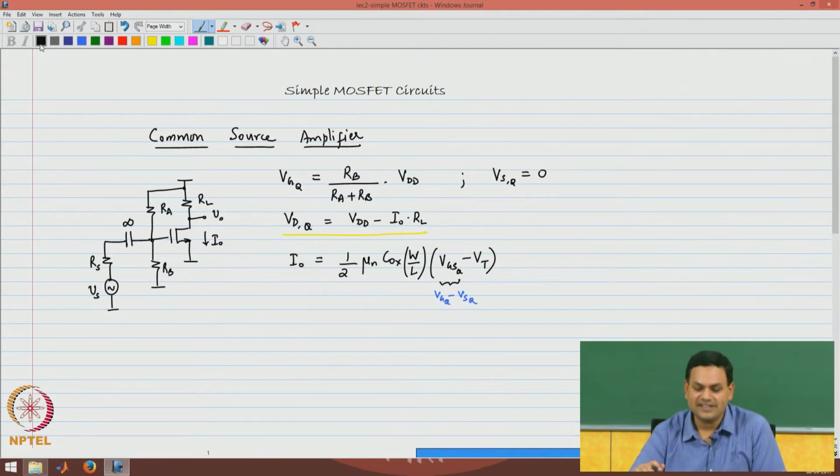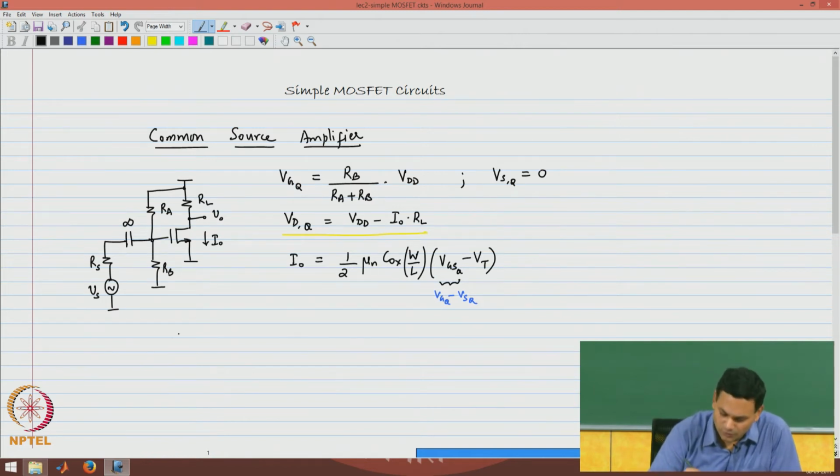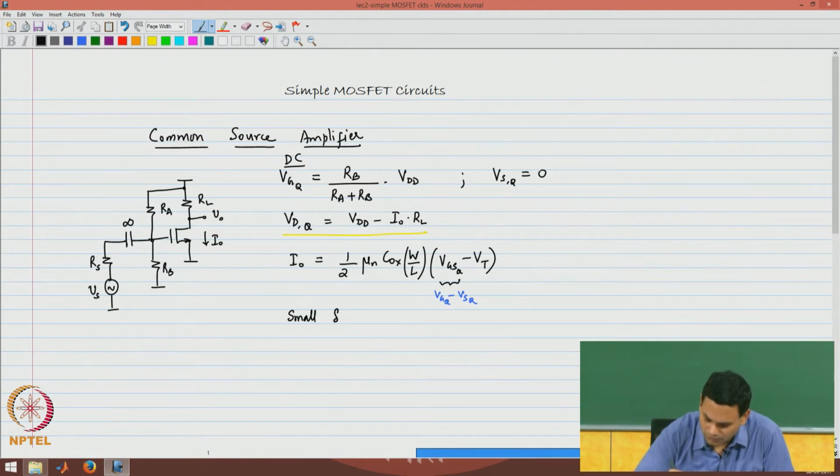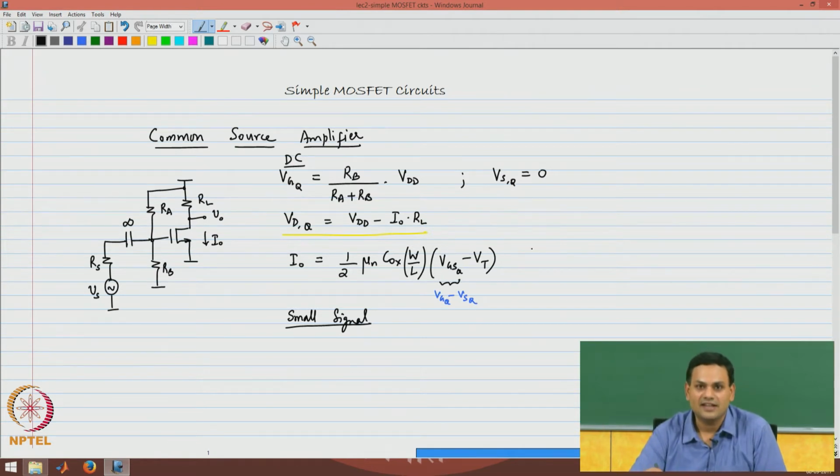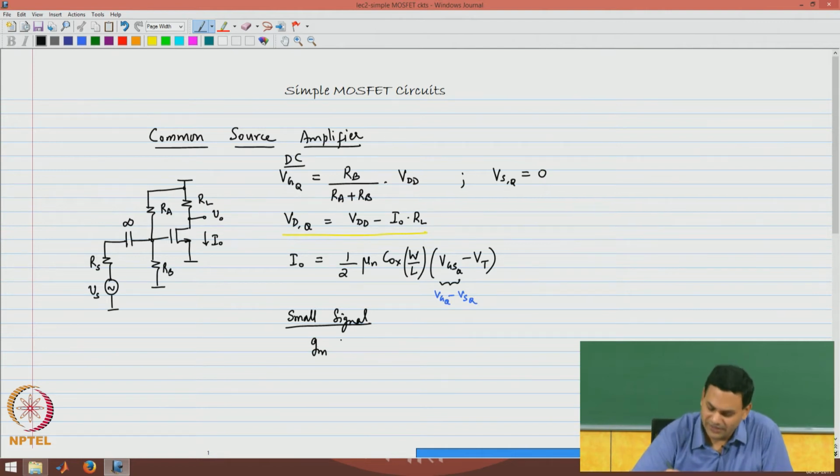So, we are done with the DC. The next step is to calculate the small signal parameters of the circuit. For small signal analysis, the first step is to calculate the small signal parameters of interest. In this case, there are two parameters as we saw last class. The first one is the gm, or the transconductance of the MOSFET.